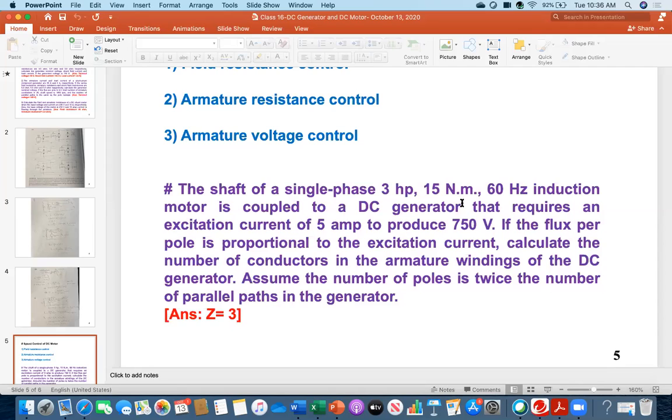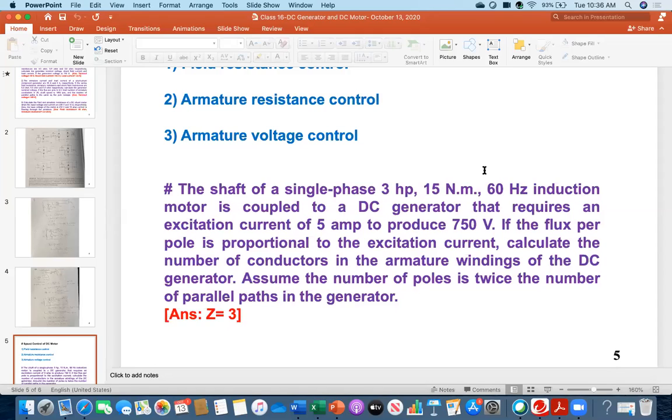So to get the speed, as you can see the information in the very first line, 3 horsepower, 15 Newton meter. Those are the two specifications for the induction motor. So 3 horsepower is the output power. You have to convert it by multiplying by 746, and divide by the torque value 15 Newton meter.